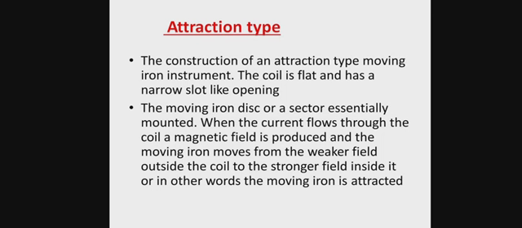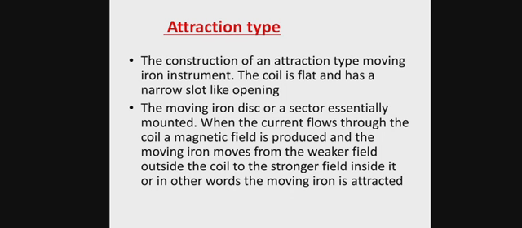In the construction of an attraction type moving iron instrument, the coil is flat and has a narrow slot-like opening. A moving iron instrument consists of a flat cylindrical coil. The moving iron is a flat disc or oval shaped disc pivoted on a simple spindle.